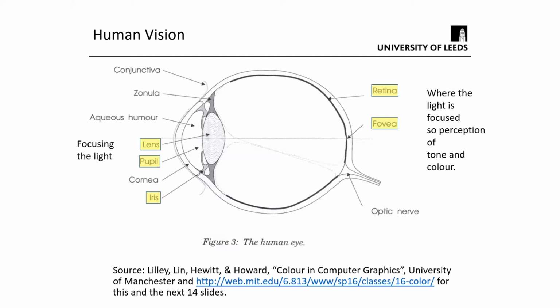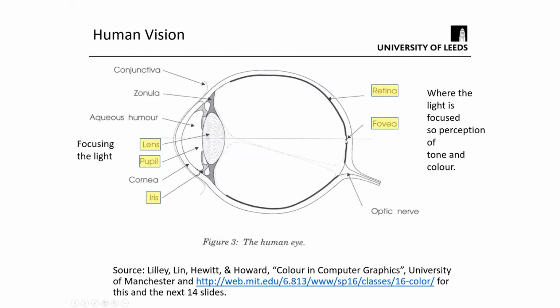So here's a little bit on human vision. Visualizers get really interested in this. So the key point is, your eye is an imaging system. It's got a lens, it's got a pupil, which is the aperture. The iris controls what the aperture is. And then at the back of your eye, which is probably the most important thing for the discussion of colour, you've got the retina and you've got the fovea.